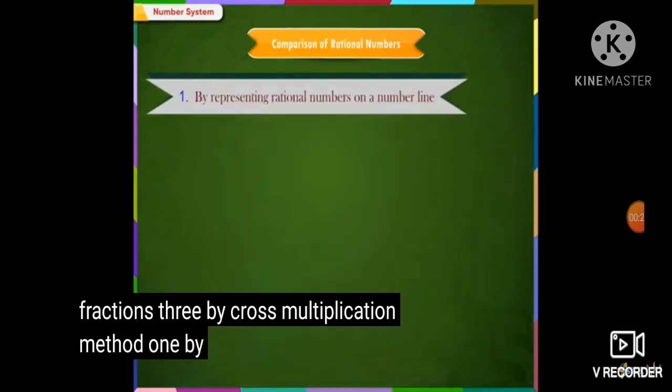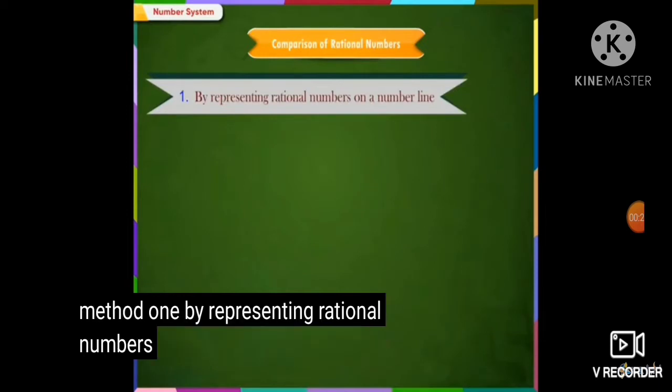These are all the three methods for comparison of the rational numbers. First one is by representing the rational numbers on the number line.